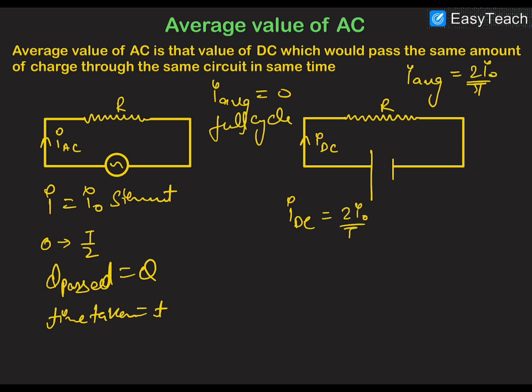So this IDC will be 2 I naught by pi, and it would pass the same amount of charge Q through the same circuit in the same time. Okay, now let us derive the value of AC analytically.